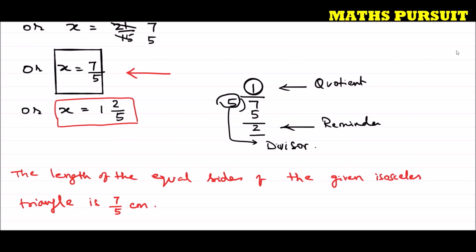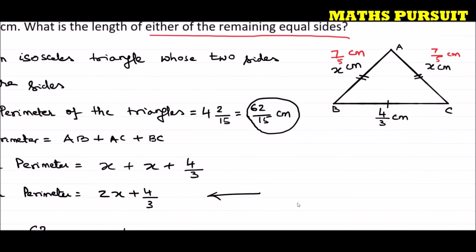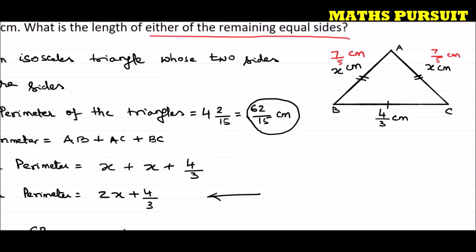Why am I thinking in that way? Because the question has given us one side as 4 upon 3. The question has not given us this side as a mixed fraction. Otherwise the question could have written it as 3 ones are 3 with remainder 1, giving a mixed fraction 1 1 upon 3.